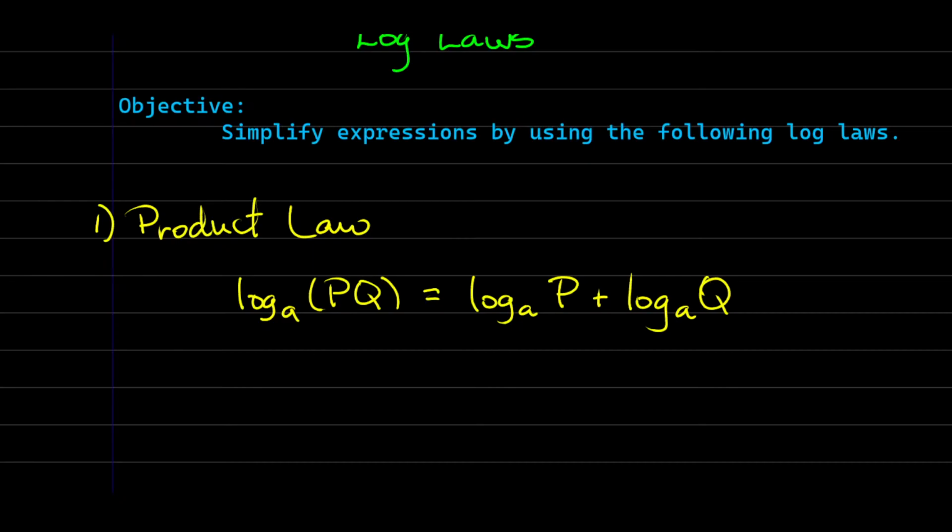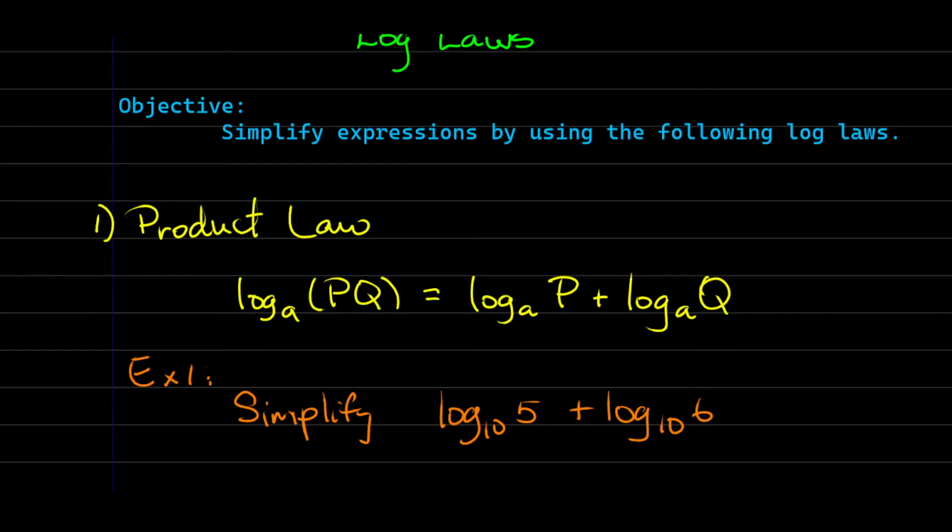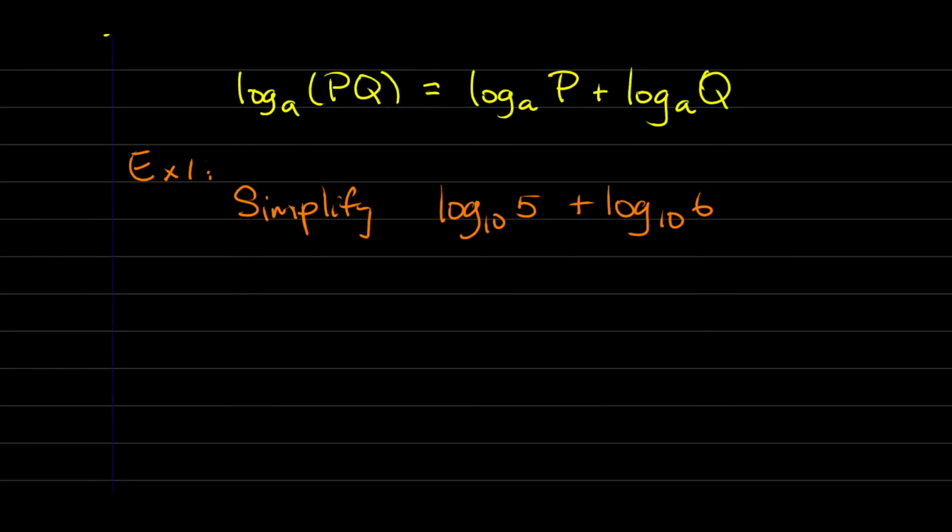All right, let me give you an example of an expression that we can possibly simplify with it. Let's say you're required to simplify log to the base 10 of 5 plus log to the base 10 of 6. Solution.